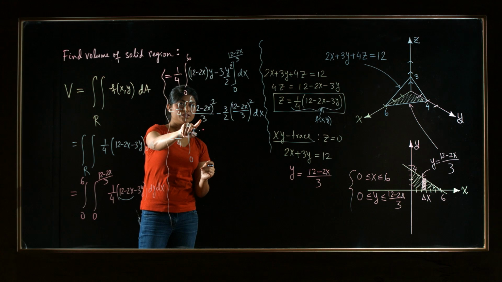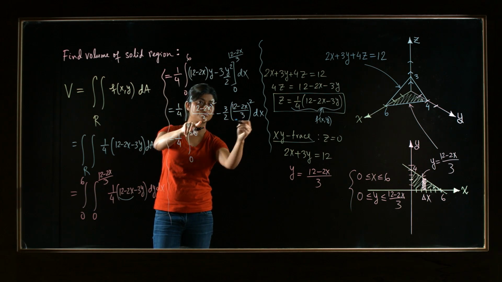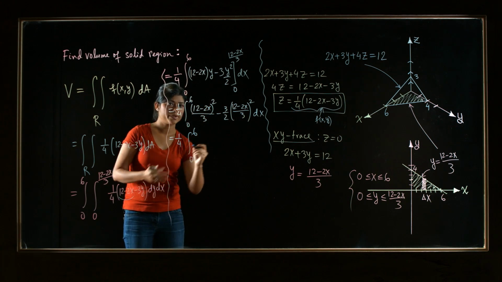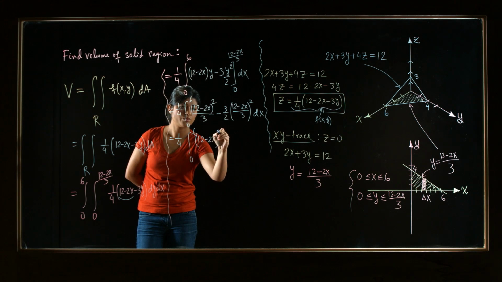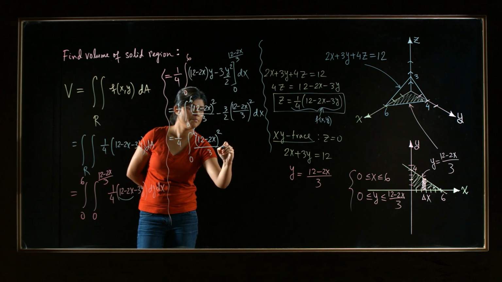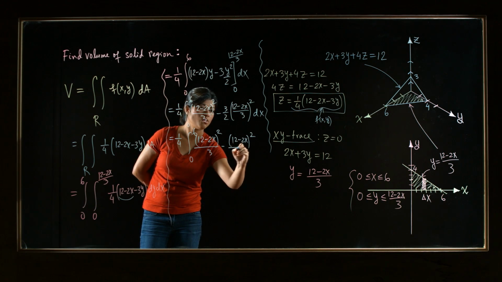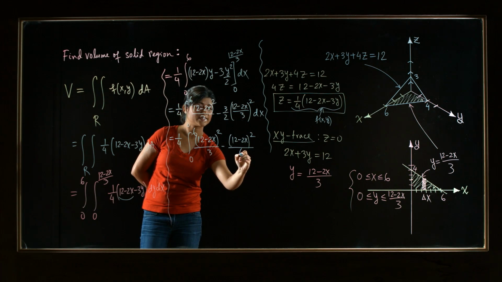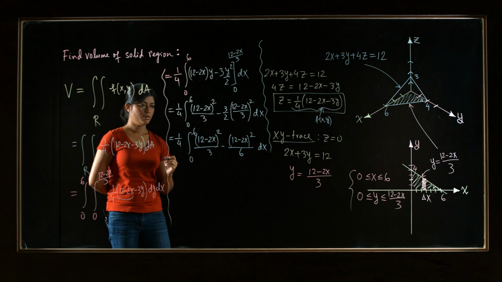We have a 1/3, and here we can cancel out one of the 3's, right, because it's 3 squared. So we will end up getting (12 minus 2x) squared over 3 minus (12 minus 2x) squared over 1, 3 gets cancelled, so 3 times 2 is 6, dx.